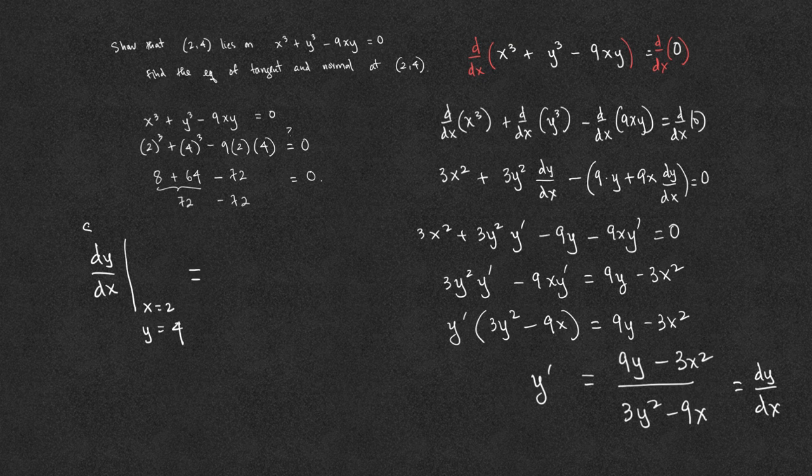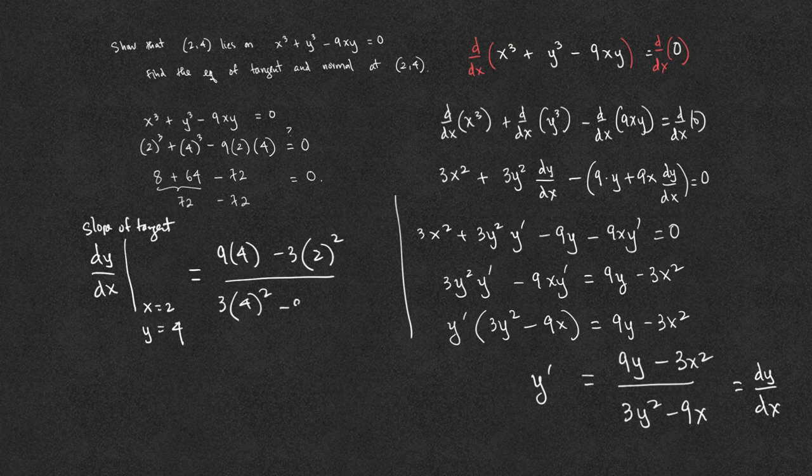And so the slope is (9 times 4 minus 3 times 2 squared) over (3 times 4 squared minus 9 times 2). We are interested in the number for the slope, so it is okay not to simplify this yet.